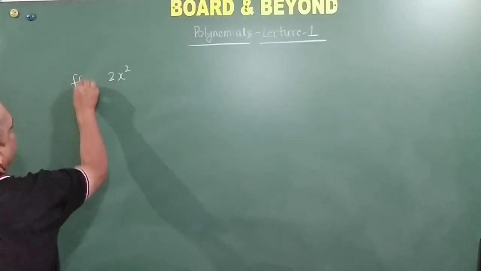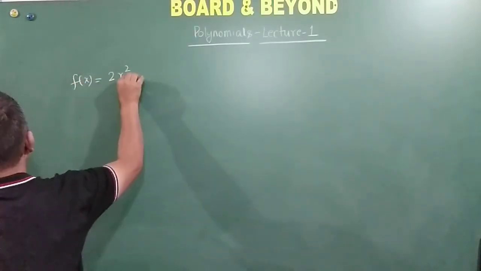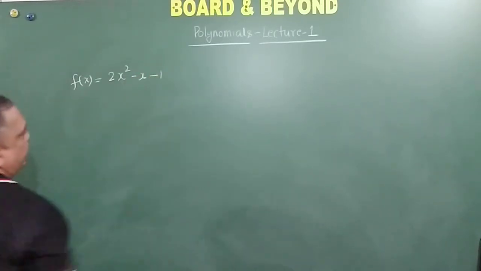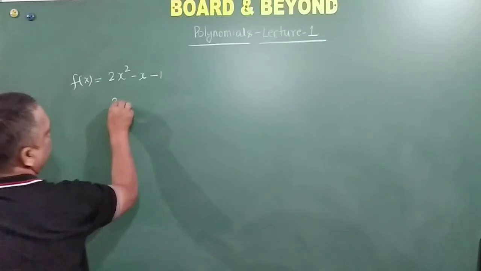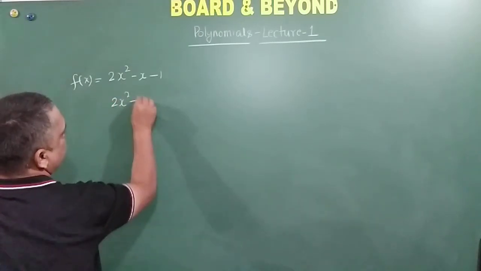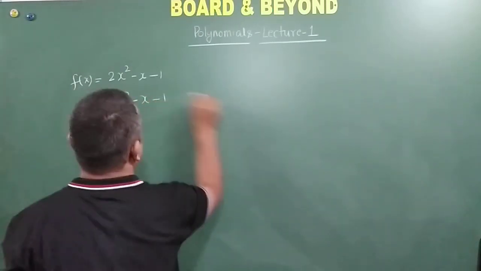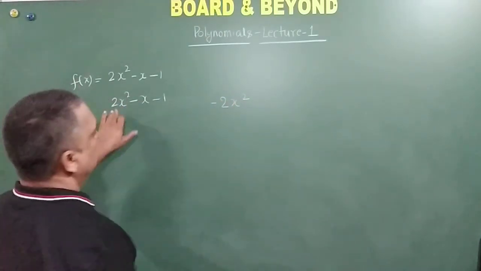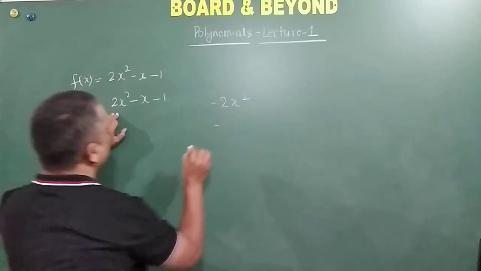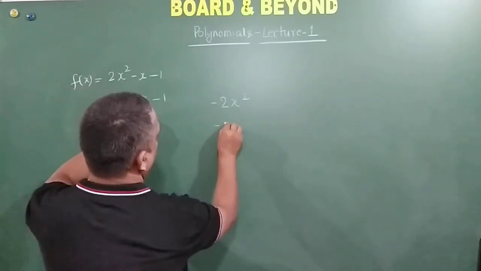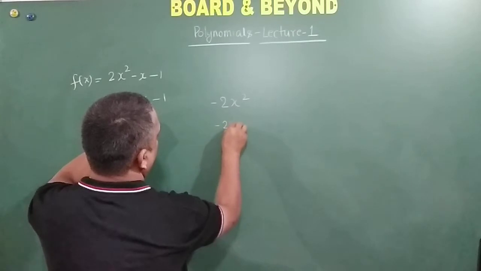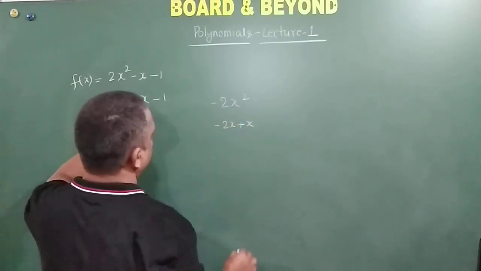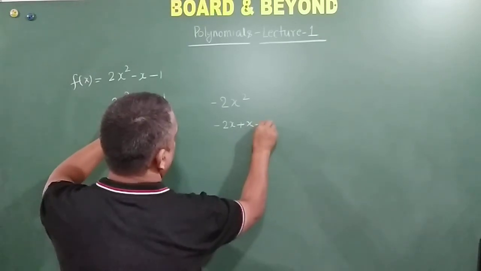f of x is given to be 2x square minus x minus 1. So we try to factorize it. It becomes minus 2x square, so we write minus 2x plus x will give me this minus 1.